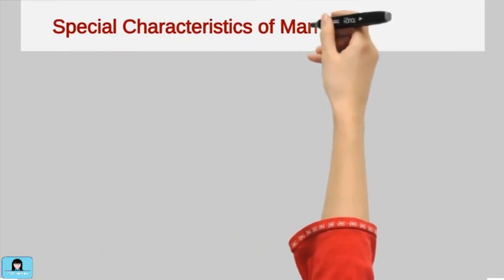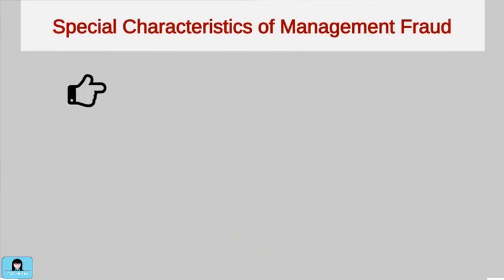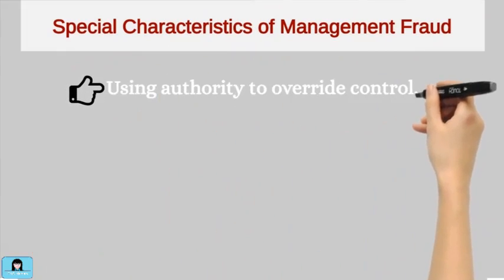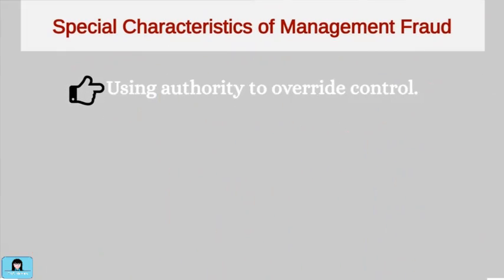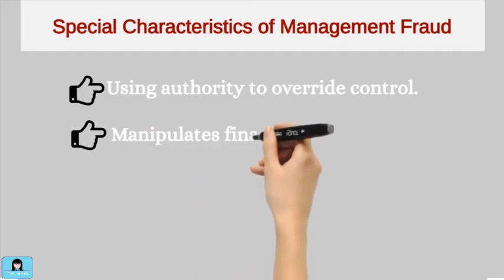Management fraud typically contains three special characteristics. First, the fraud is perpetrated at levels of management above the one to which internal control structures generally relates.